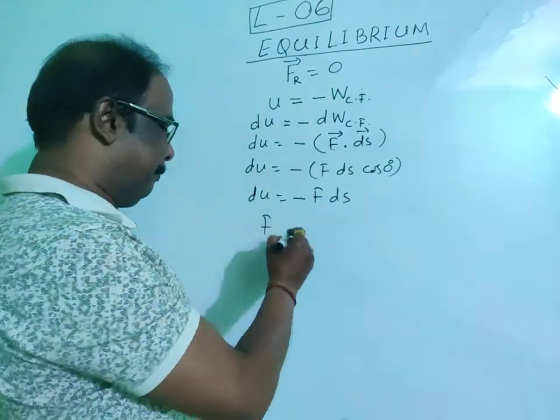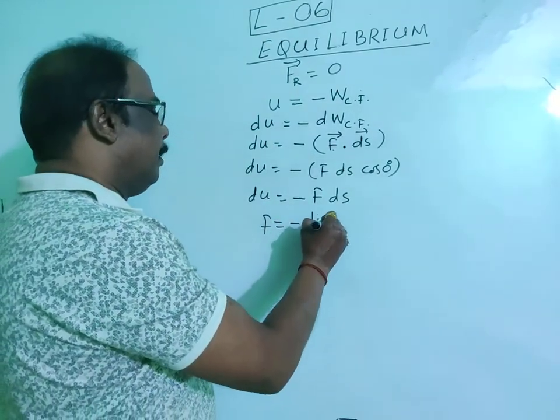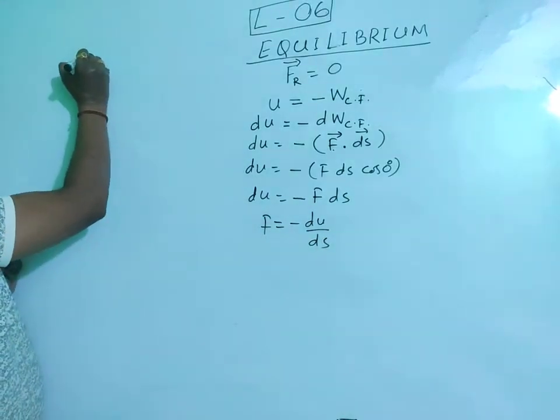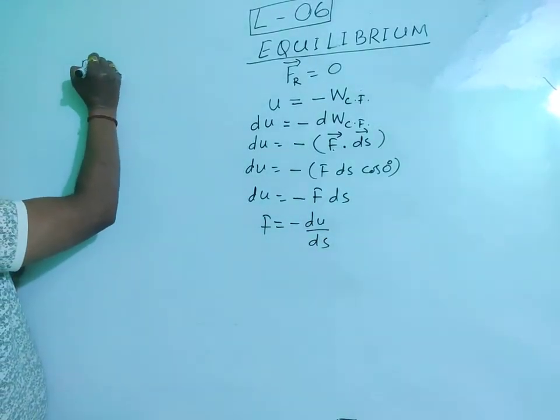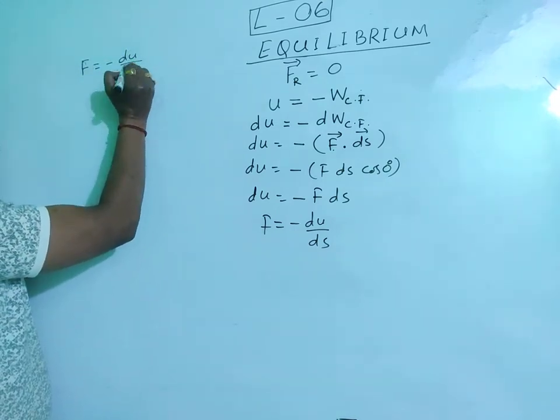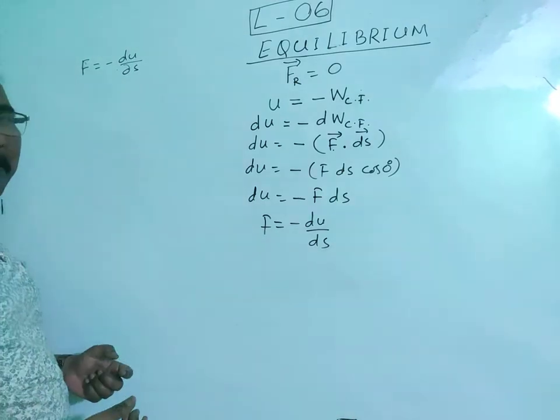The expression for conservative force is equal to minus dU by ds, in algebraic form.